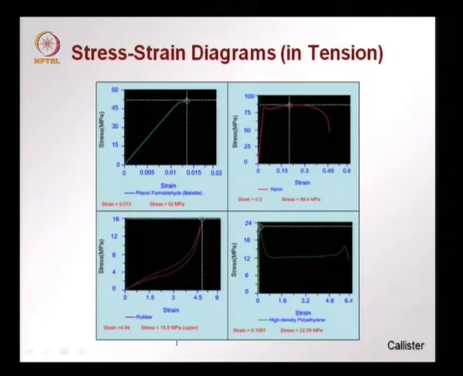Polymers also have a range of behavior patterns. At the top left we see a case of linear elastic and almost ideal brittle failure.